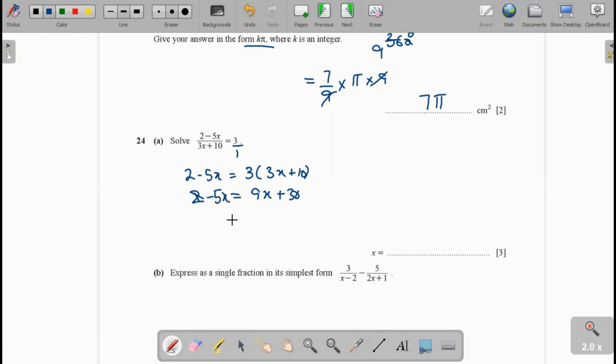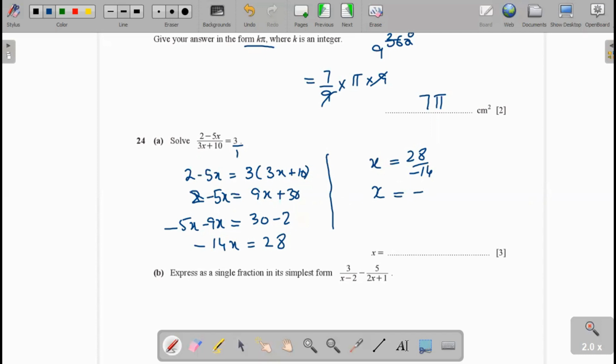Therefore, minus 5x minus 9x, and 30 minus 2 is equal to minus 14x equals 28. We write it here, x will be equal to 28 over minus 14. Therefore x equals minus 2, and that is the answer.